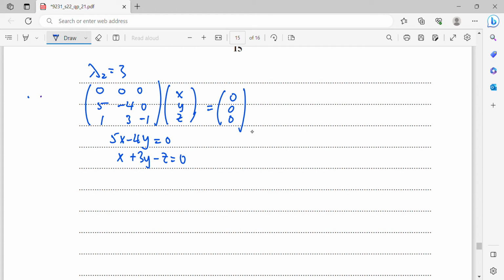So to solve this, since first equation, you have x and y, it means that I can let my y be s. You can let the x be any other parameter, no problem. So s equals to s, therefore 4y equals to 5s, which means my y is 4 over 5s.